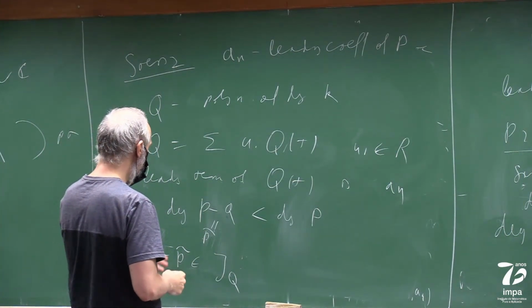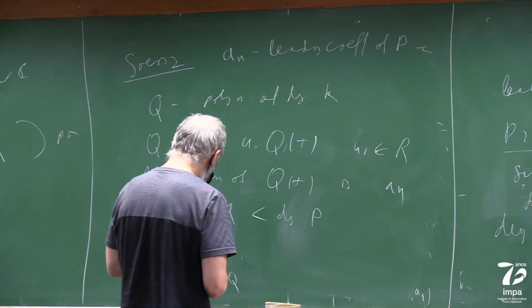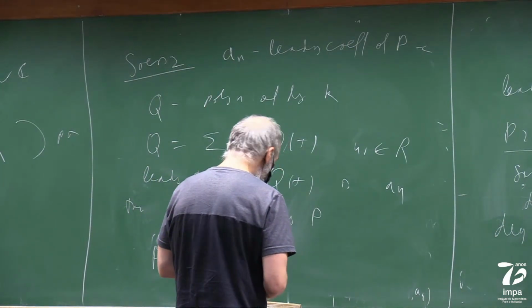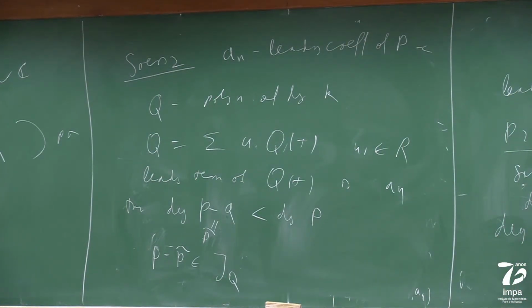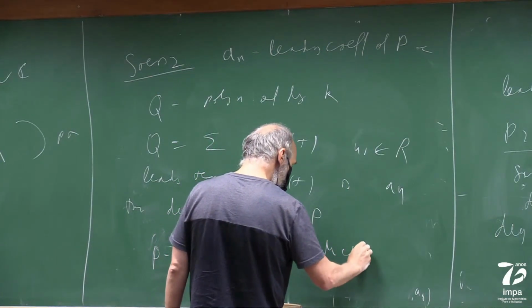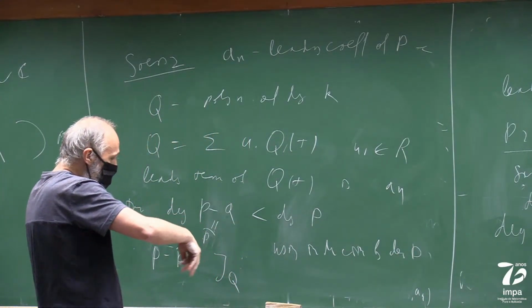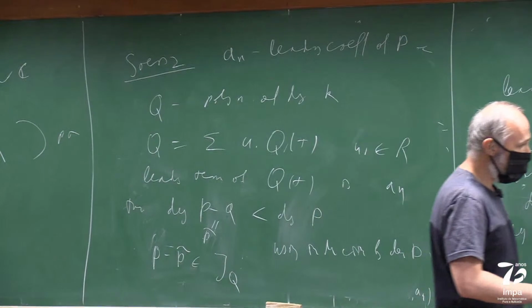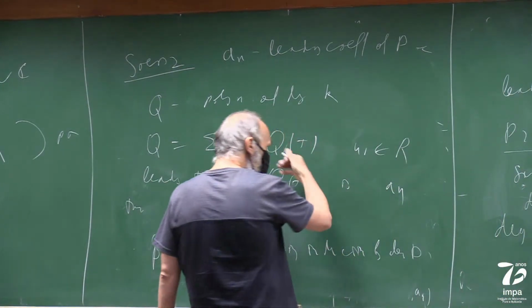Okay. So I found a polynomial of smaller degree which has the same properties, and then I can use induction by degree. Using induction by degree, we find another polynomial which is equal to P modulo J_Q, but then it has smaller degree, and smaller degree, and smaller degree.